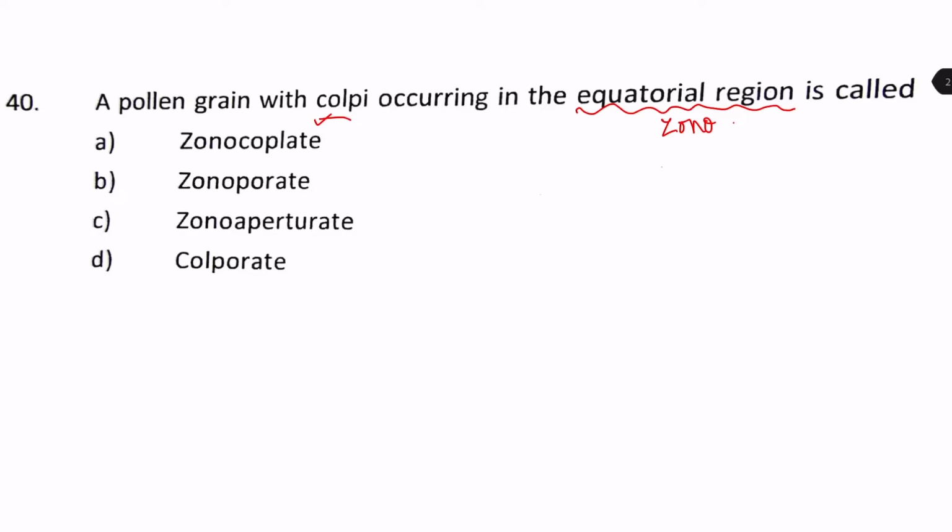So in the equatorial region there is colpi, so the answer will be zonocolpate, not zonoporate, because porate is different from colpate. Porate is a pore and colpate is a furrow. Yeah, we have to remember that. Now our answer being A over here.